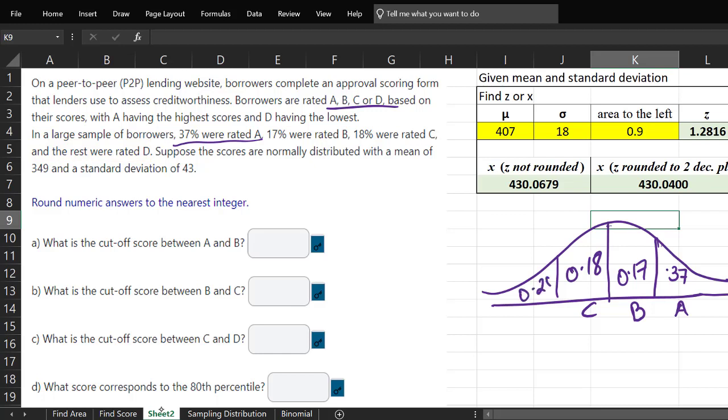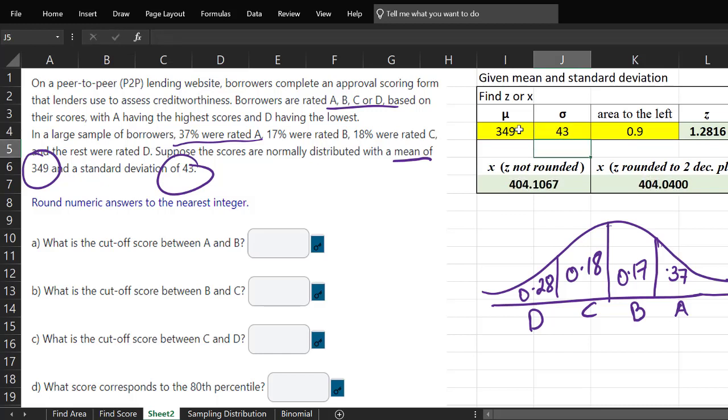That will be 28% rated D. We're told we have a mean of 349 and a standard deviation of 43 here. So that's good. So I can enter that here. The mean is 349 and the standard deviation sigma is 43.